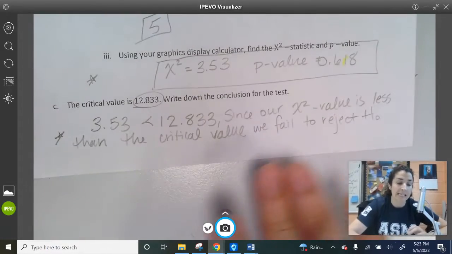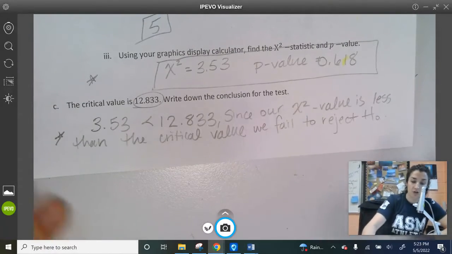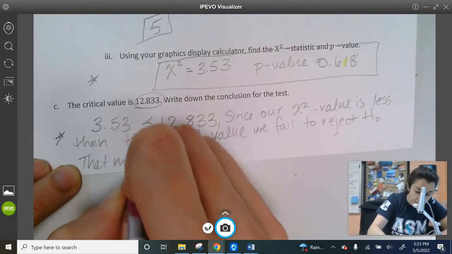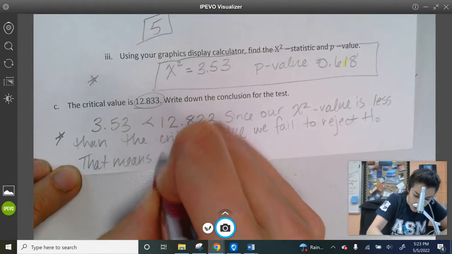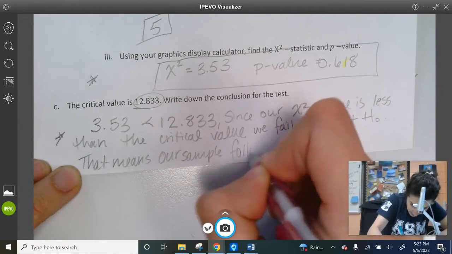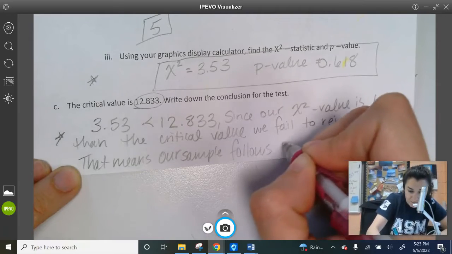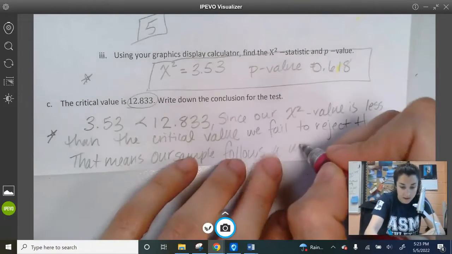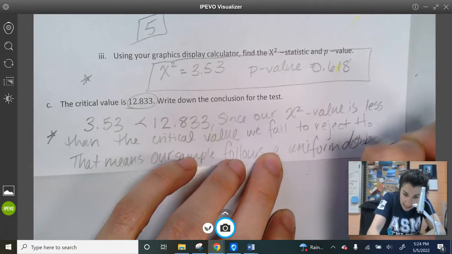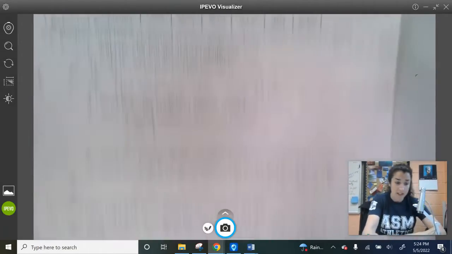And since the null hypothesis is that it does follow an even distribution, that means our sample follows a uniform distribution. And take a look, our observed versus expected, right?